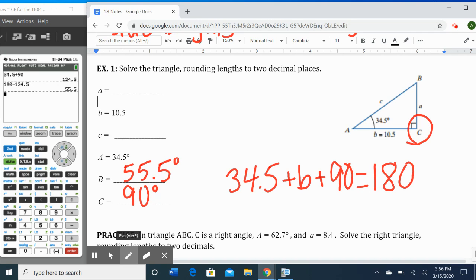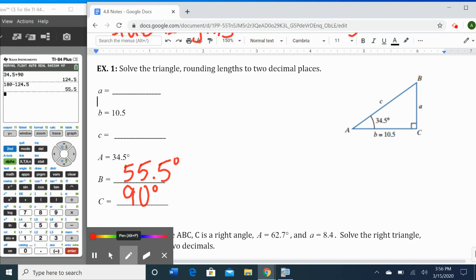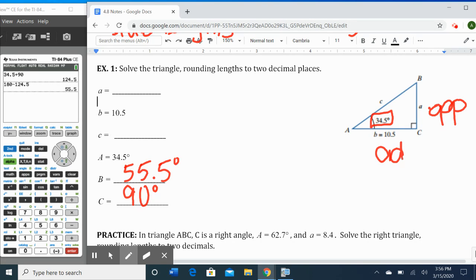Now I can decide to find whichever side I want, whether that's A or C. I'm going to start with side A. So when I look at side A compared to this angle, side A is opposite of this angle. And the side that I'm given, which is B, which is 10.5, is adjacent to this angle. So I'm going to set up a trig function using opposite and adjacent. The trig function that we have a calculator button for that uses opposite and adjacent is tangent.